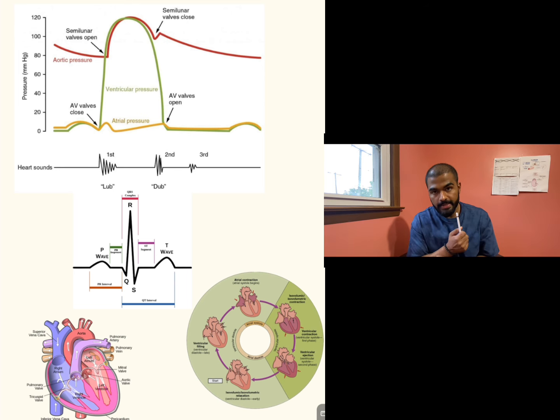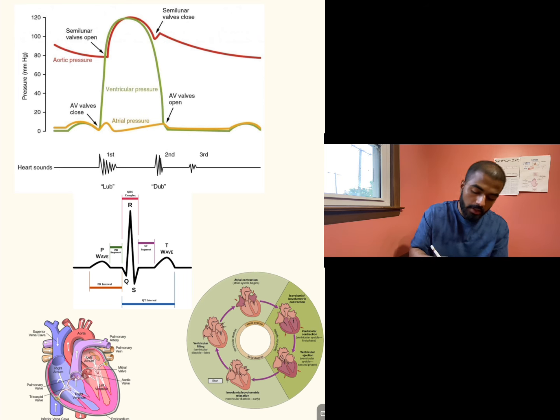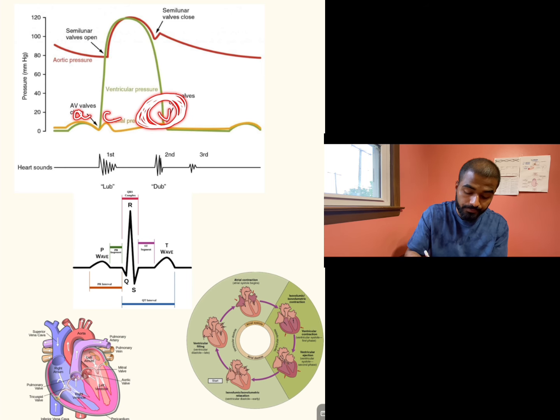If you look at the atrial waveform, like I mentioned, we have a couple different waves: A, C, V. We have large V waves when we have mitral valve regurgitation.